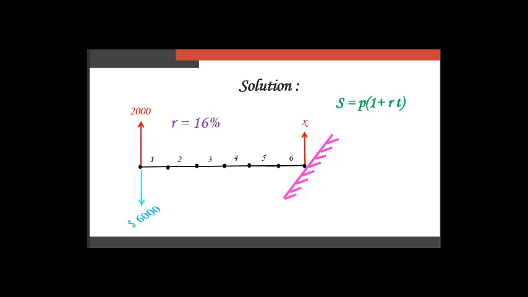We have 2 ways to solve this problem. The first way is by using the formula of equations of value. The value of old obligations equals the value of new obligations. Look at this time diagram. We have one old obligation. We will replace the old obligation with 2 new obligations.